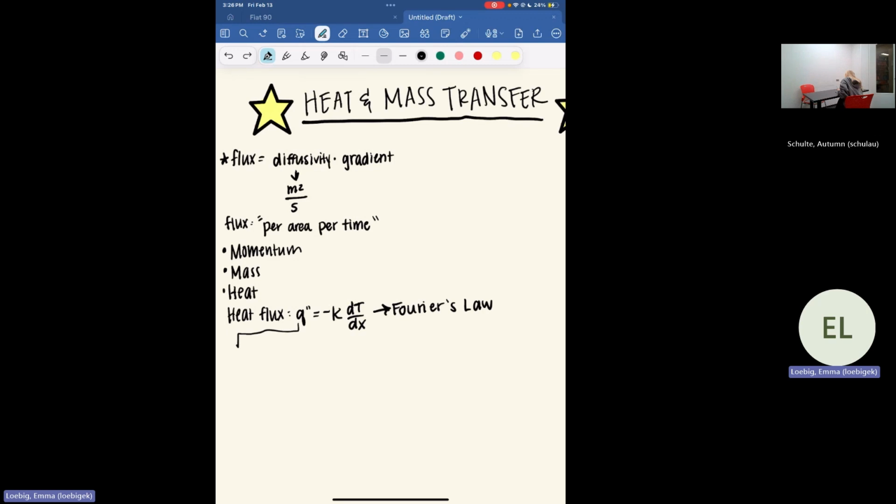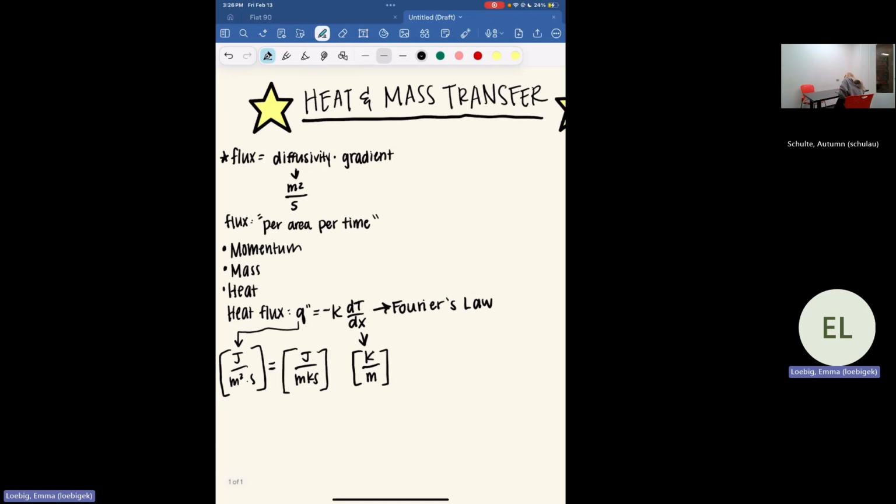The unit of heat flux is joules per meter squared second. Again, per area per time. The unit of our temperature gradient is Kelvin over meters. Therefore, the unit of our thermal conductivity must be joules per meter Kelvin second.